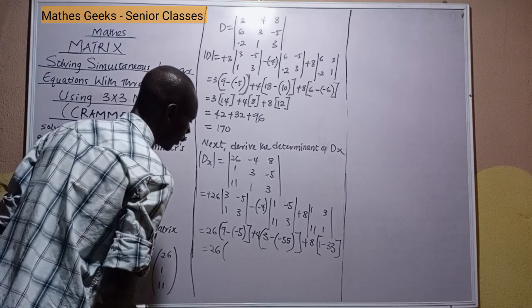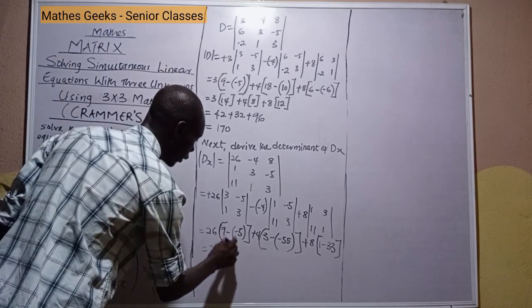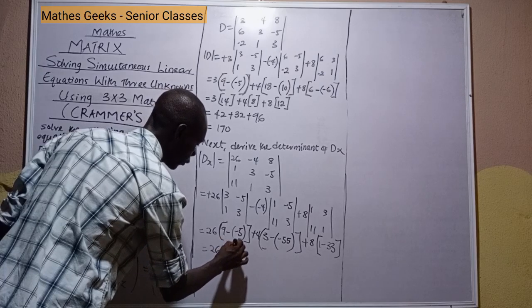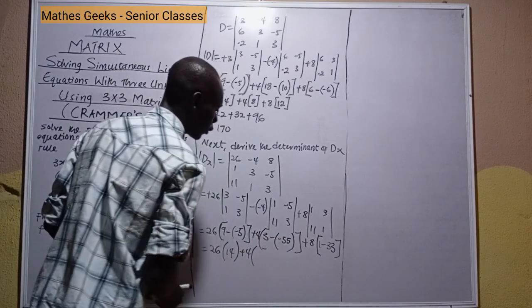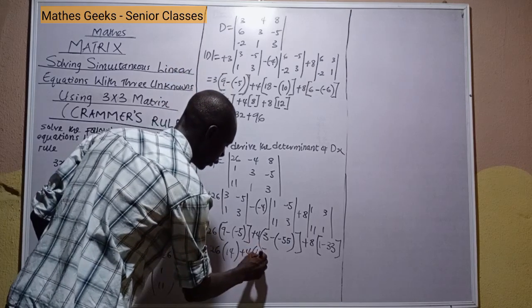Minus times minus is plus, so 9 plus 5 is 14, plus 4. Minus times minus is plus 55, plus 2 is 58.